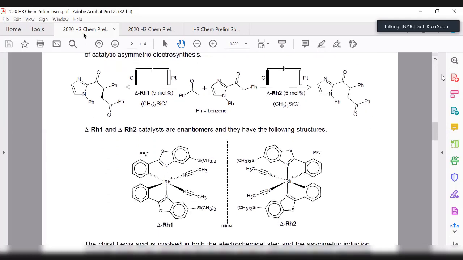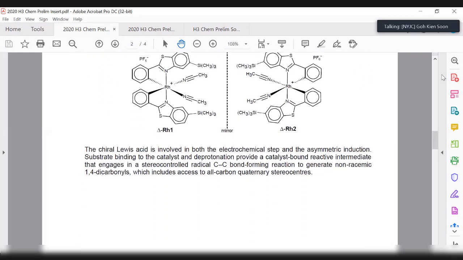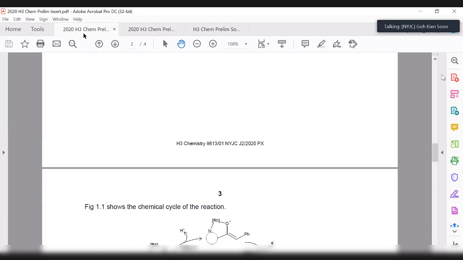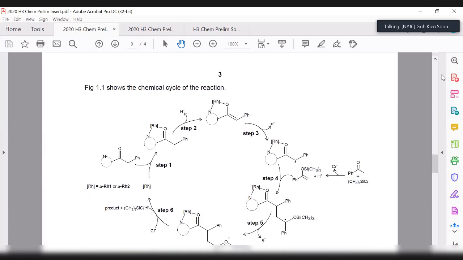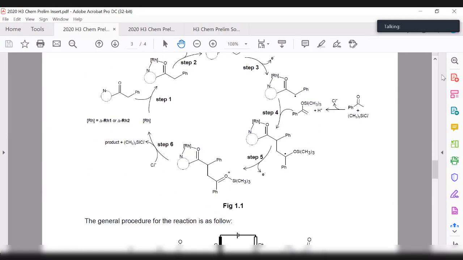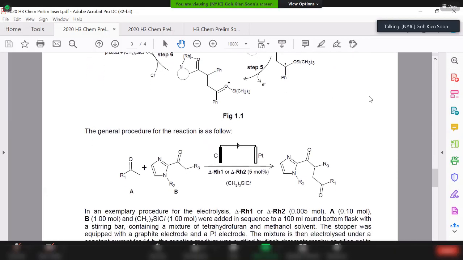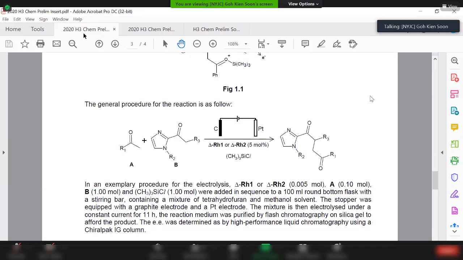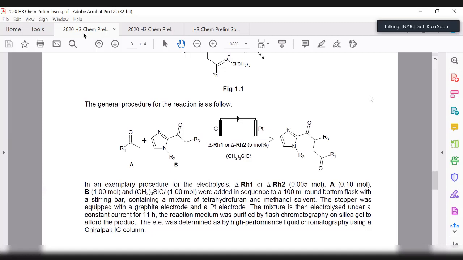I drew the catalyst for them, hoping that they can see that they are actually enantiomers of each other, right? And that was the one and only abstract. I gave them the mechanism as well, okay? And for this question here, I also gave them some of the procedure, as well as how much of the reactant was added in the original paper.